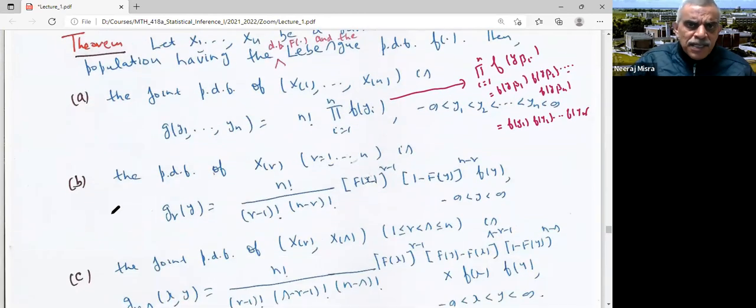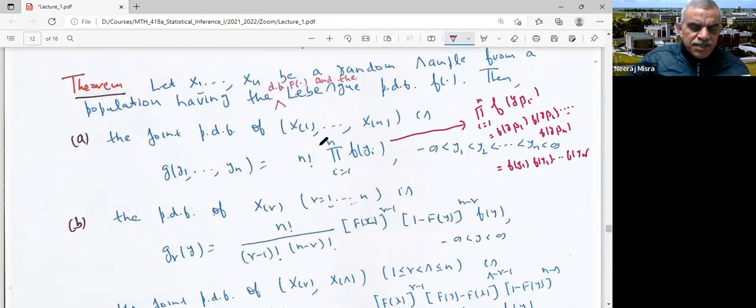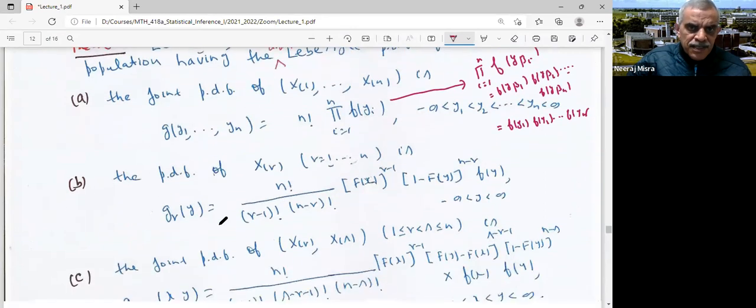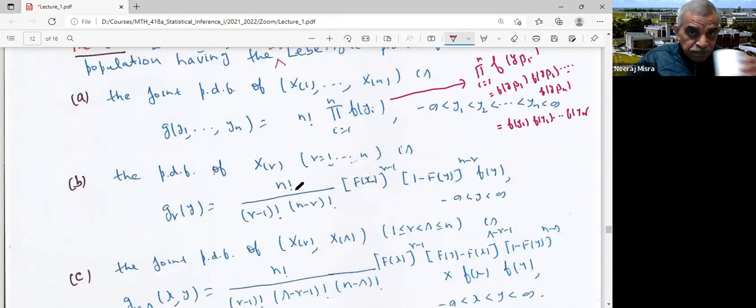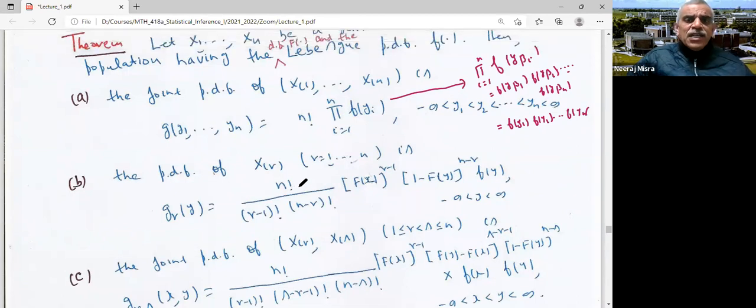Now, for the random sample case, you might have done in your last course, the marginal PDF of the rth order statistic X(r) is factorial n over factorial r minus 1 times factorial n minus r, F(y) to the power r minus 1, times 1 minus F(y) to the power n minus r, times f(y), for y between minus infinity to infinity.